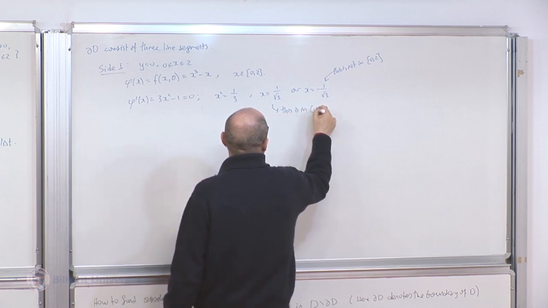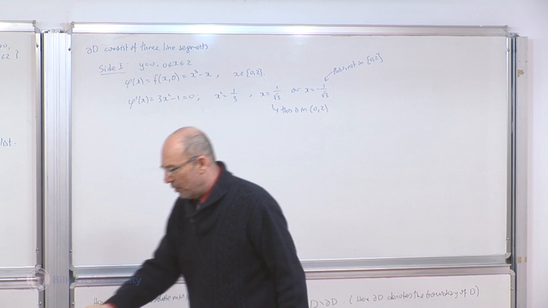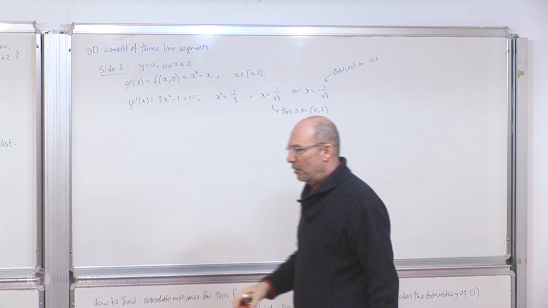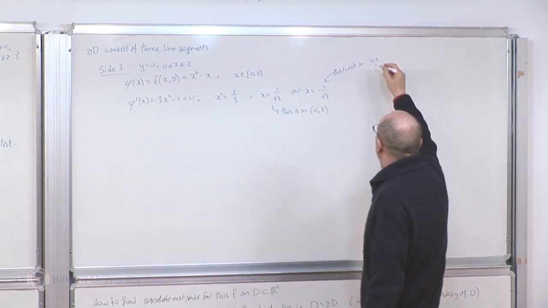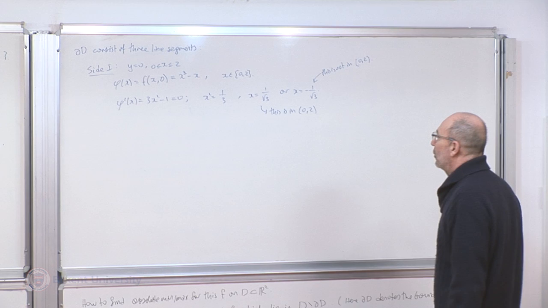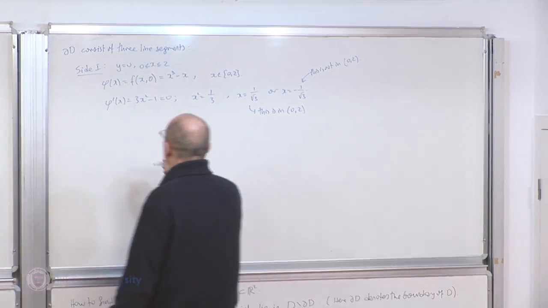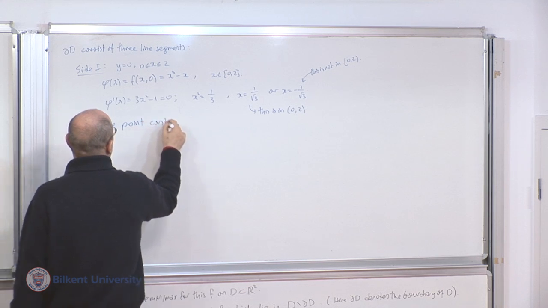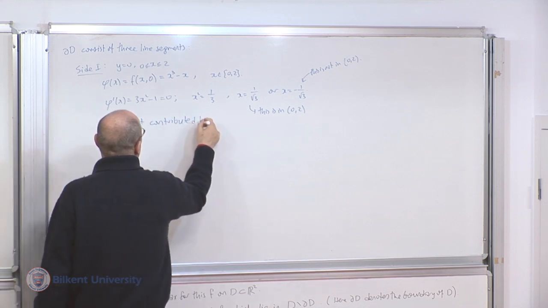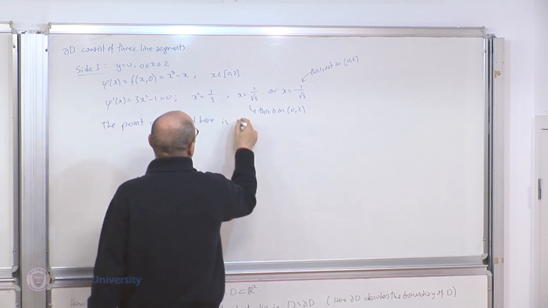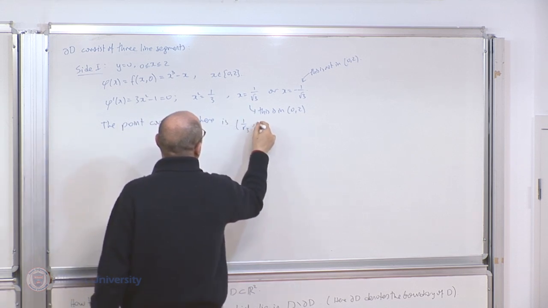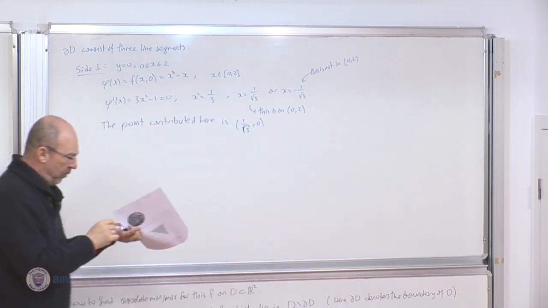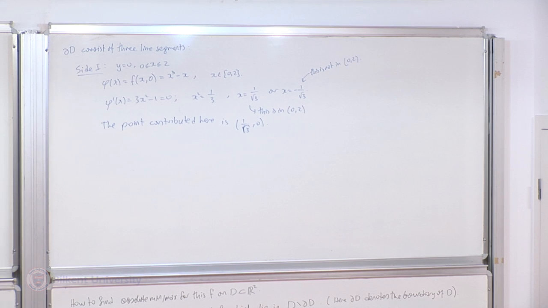Here I want the open interval, so let's be pedantic and throw away anything that's not inside. So the point contributed here is x equals 1 over square root 3 and y is 0. Okay, so we also take this into a box.